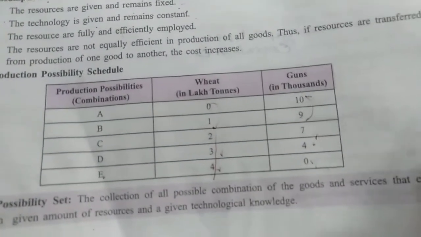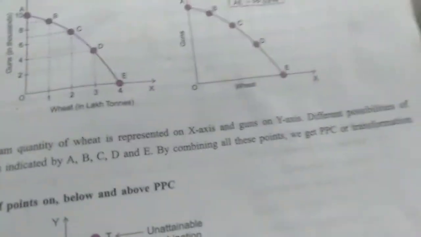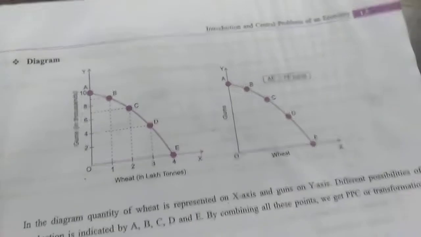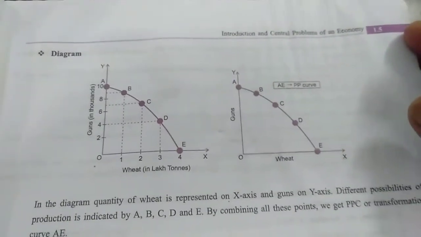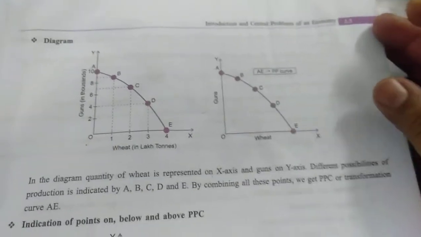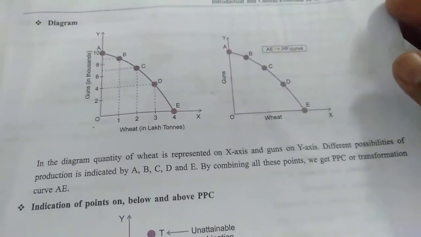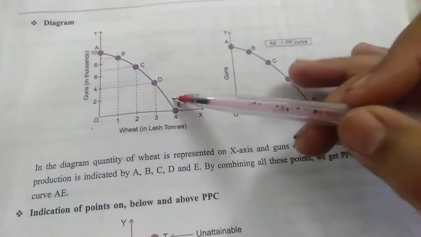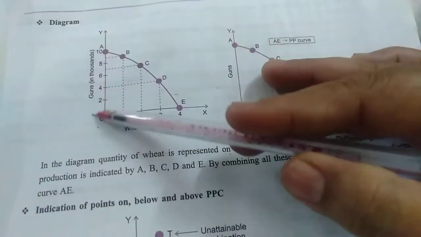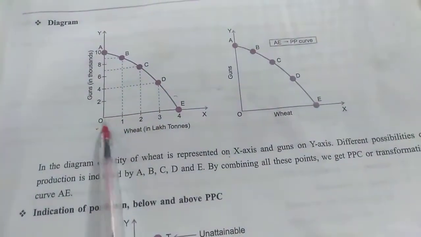Now, there is a diagram also, and this diagram shows how the production possibility curve is visualized in graphical presentation. Fine, this is a graph, and this is the y-axis and this is the x-axis, as you all know.